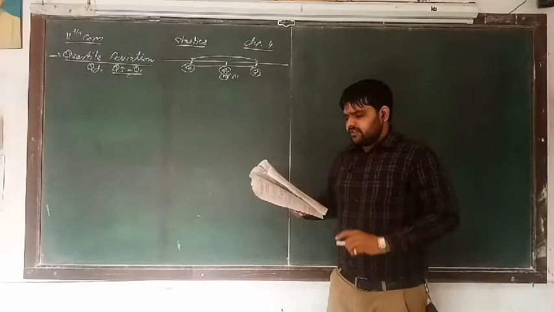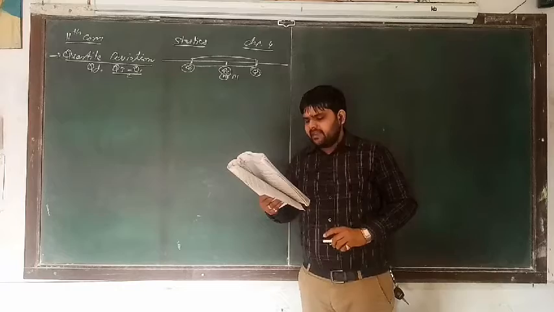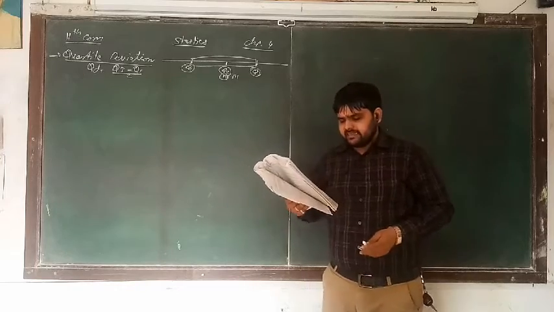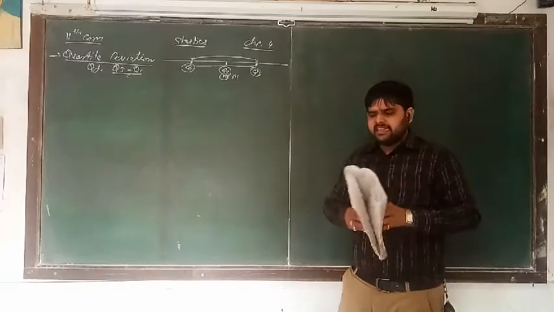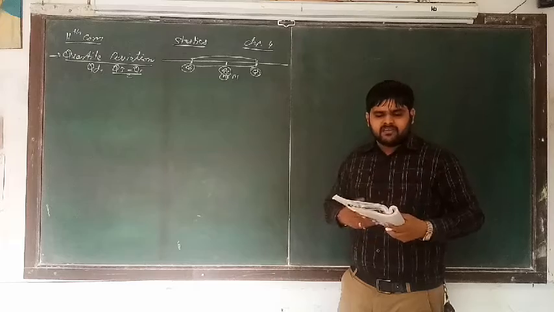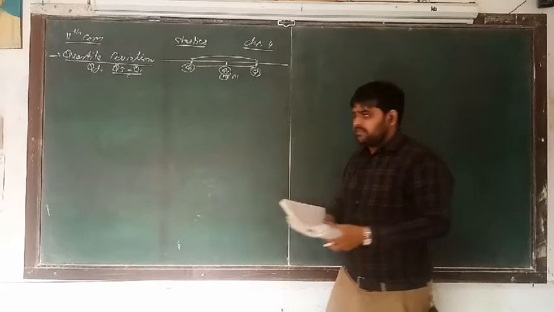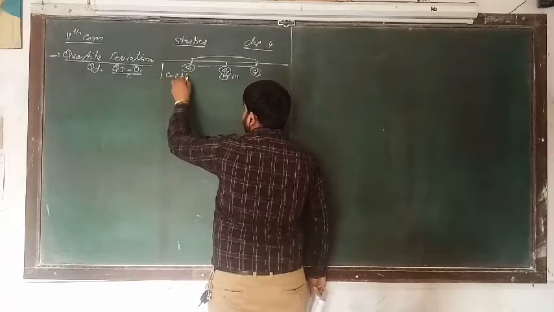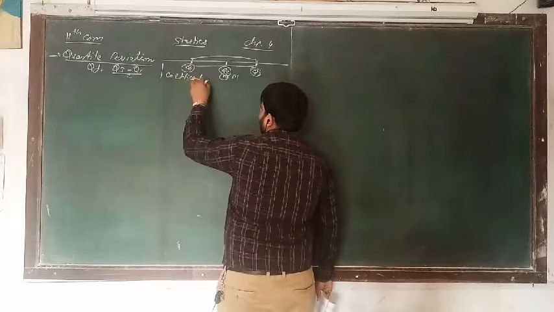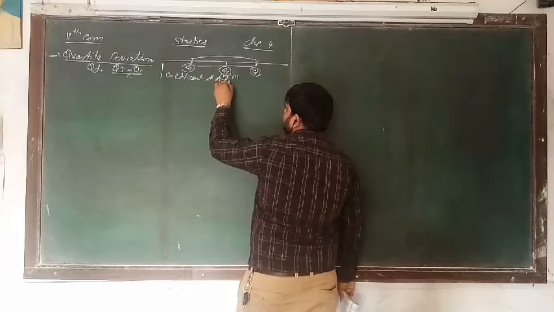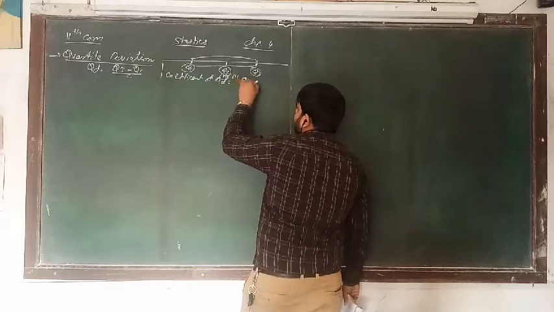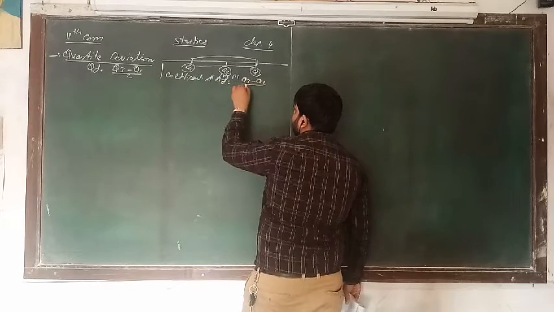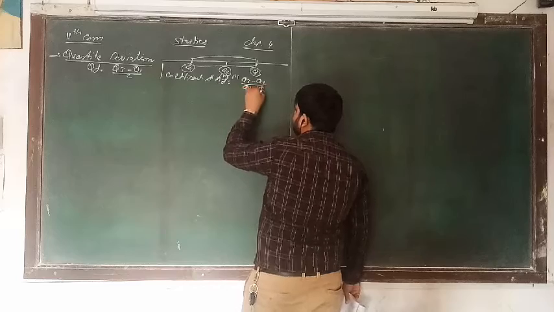Quartile deviation is also known as semi-interquartile range, and now we see the coefficient or relative quartile deviation. The second definition: coefficient of QD is equal to Q3 minus Q1 divided by Q3 plus Q1.